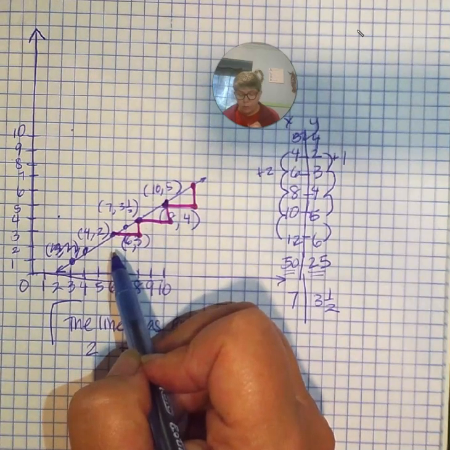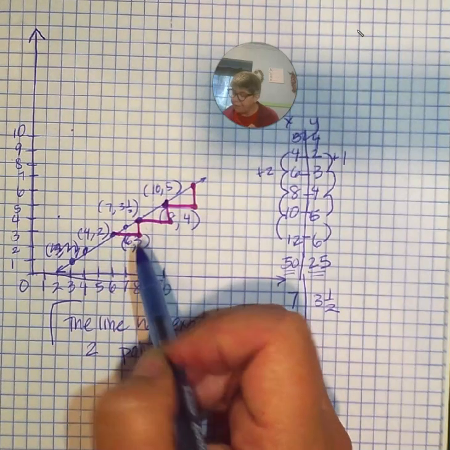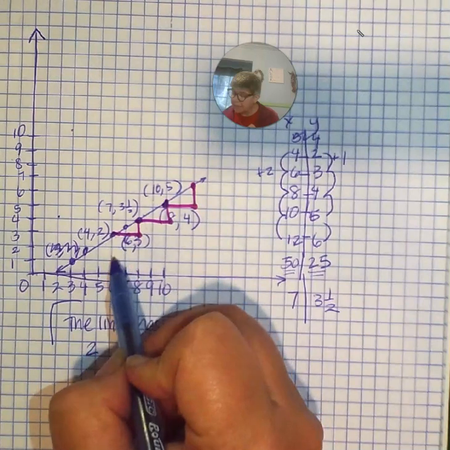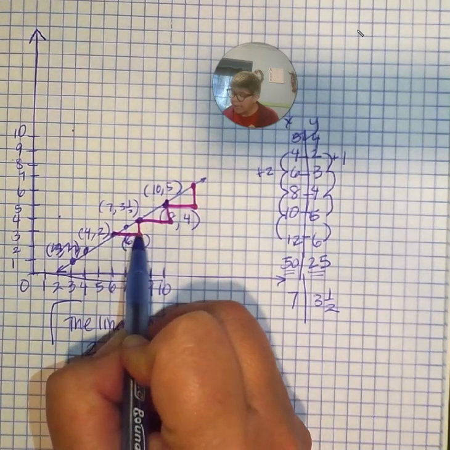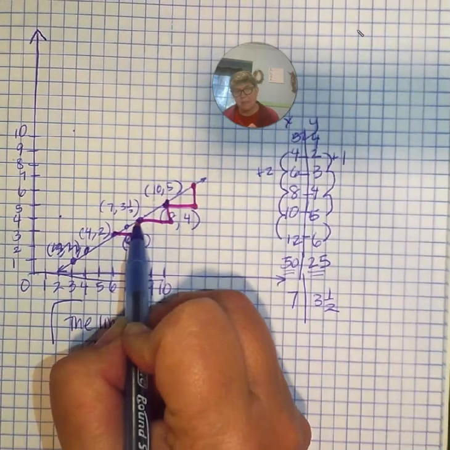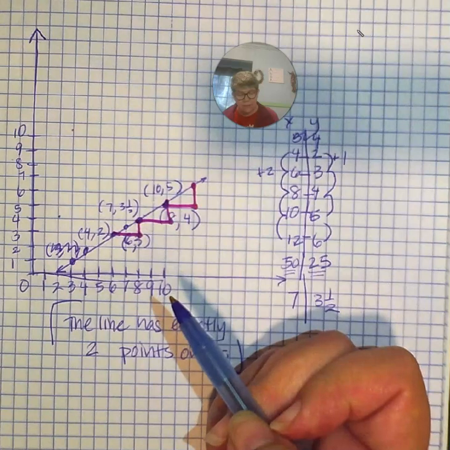So we could go 1 to the right and up by a half. So if we're at 6, we can go 1 to the right and up by a half and be at 7 and 3 1/2. Ooh, that is interesting, isn't it?